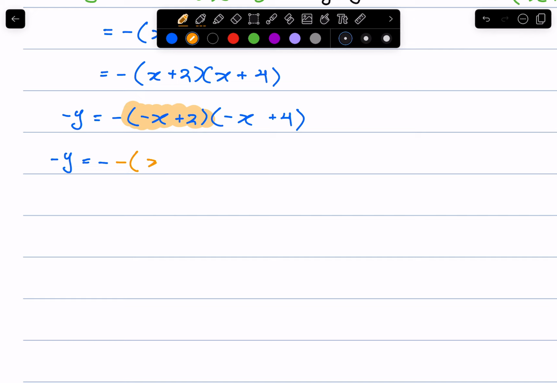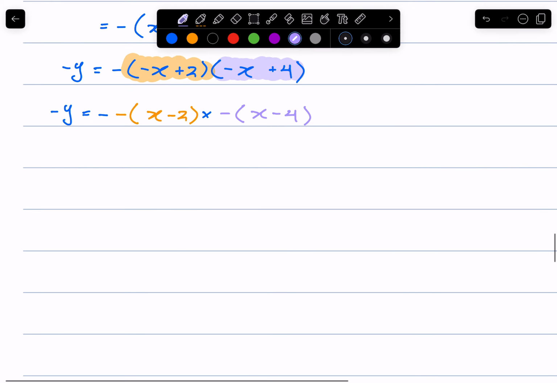Negative x minus 2. There's the times in between again. I'm going to do this one in purple. And in this group, I'm going to factor out negative x minus 4. Now look at how many negatives there are going to be.